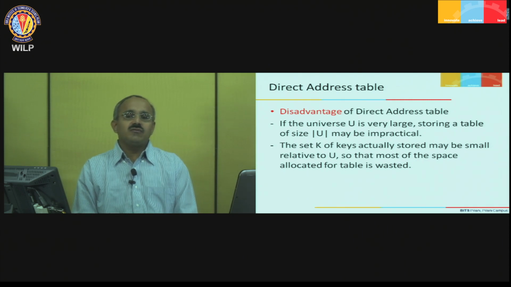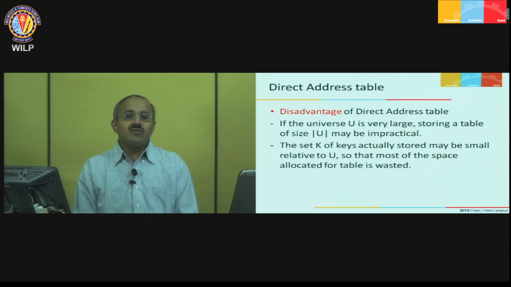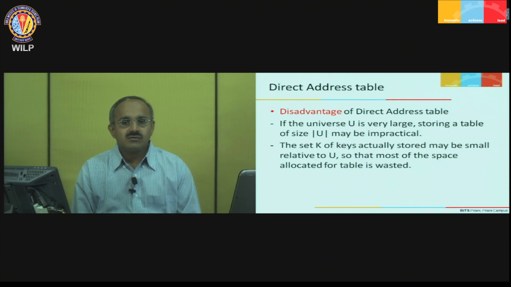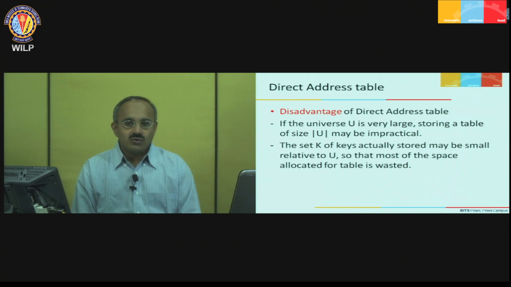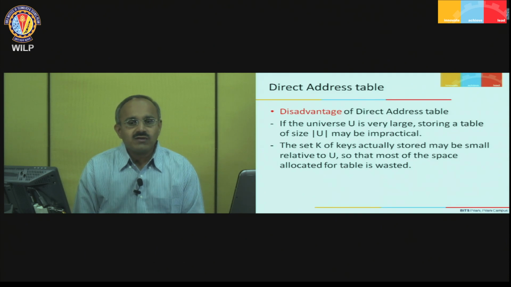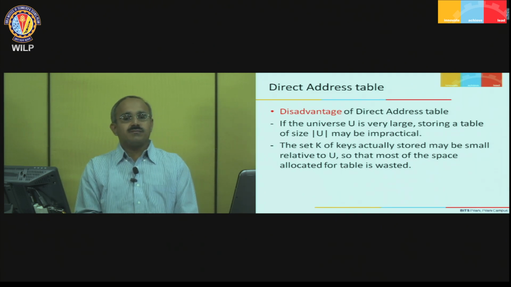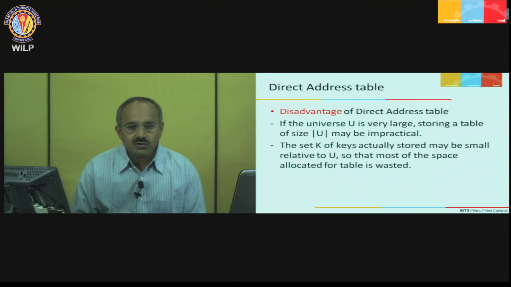If the universe U is very large, then the size of T is going to be extremely large, and the set K of keys that you actually want to store can be relatively small with respect to U, so that most of the space allocated for the table is wasted, right. So, let us try to illustrate this particular point.